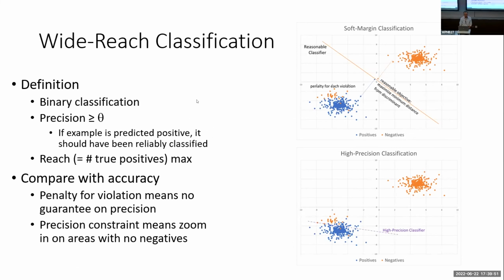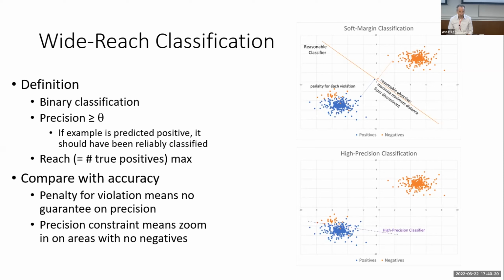And what I want to do is to find a linear classifier between them, one that achieves a value of the precision that is greater than or equal to a certain threshold. In other words, if the classifier predicts an example to be positive, then I want to have high confidence that in fact the example was predicted correctly.